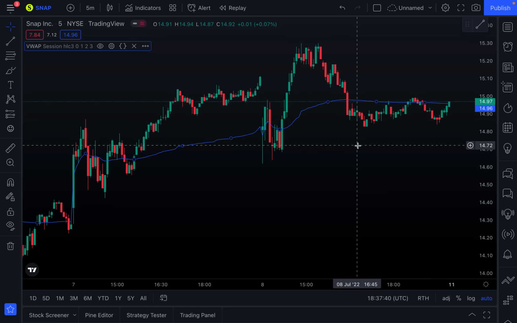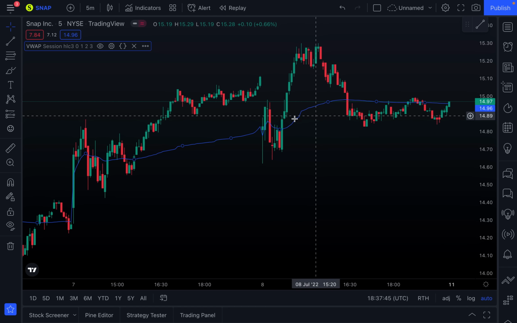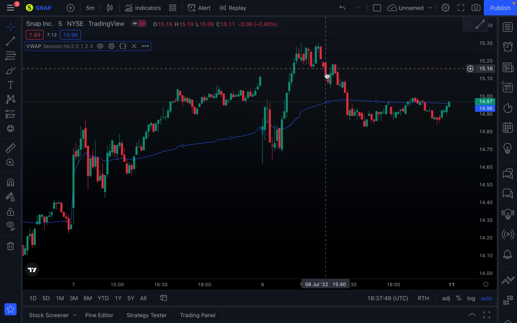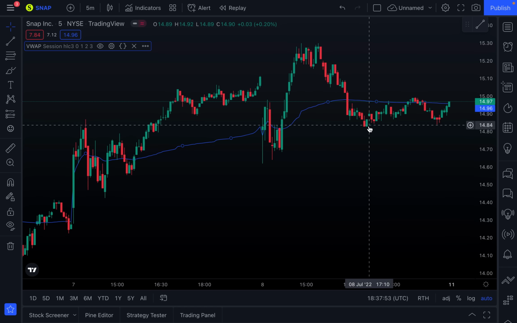So for example, we take a look here, right? Yesterday, which was July 8th, the investment manager wasn't going to buy Snap up here. They were going to wait for the price to go below VWAP, because that would indicate to them that it's at a cheaper than average price. And so this is where big money is going to buy, when it's at a cheaper than average price.